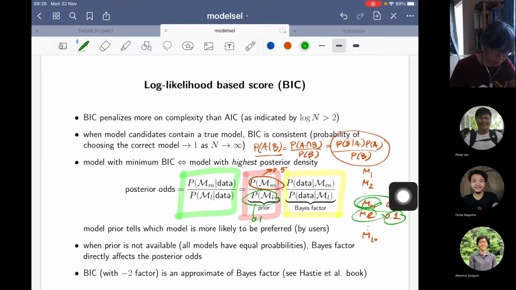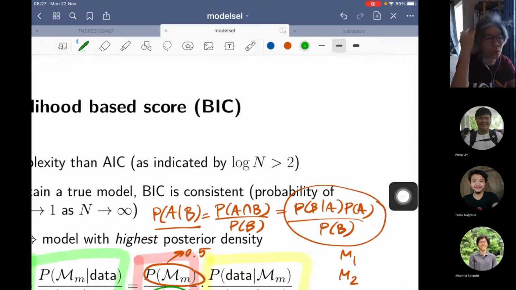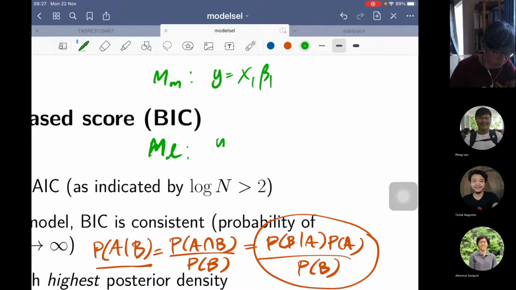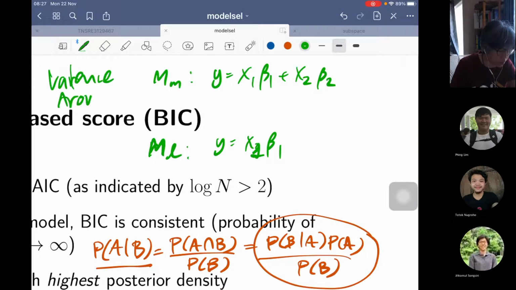It is possible in practice to come up with the prior density, typically from knowledge in a particular application. Think about the simple case of linear regression, with model M and model L. You can think of a biomedical application as well, like valence and arousal estimation.